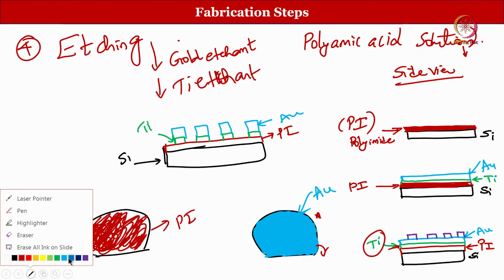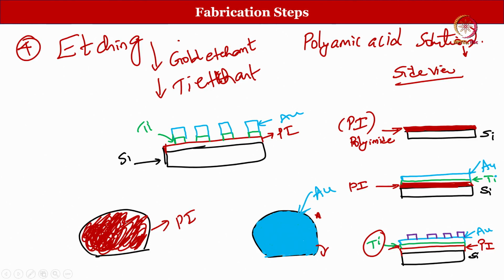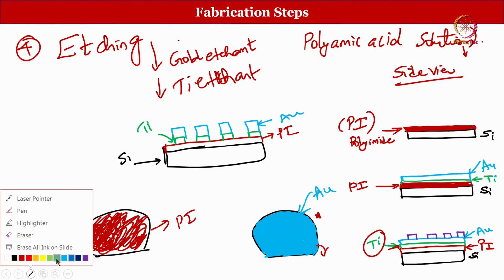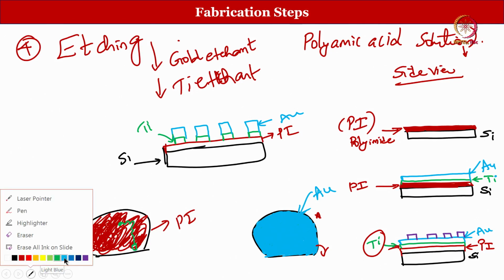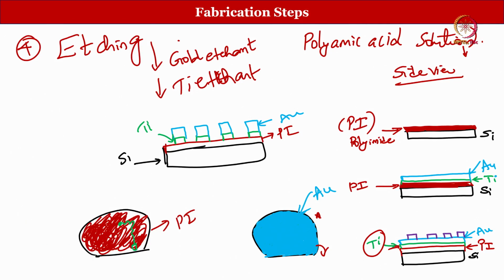Then according to the pattern, you have titanium, this pattern is formed, and on top of the titanium exactly your gold is sitting. So, you can't see the titanium, right, obviously if you see the titanium something is wrong. Are you getting it? Exactly on top of the titanium gold is sitting.